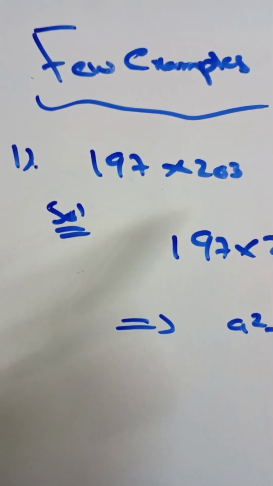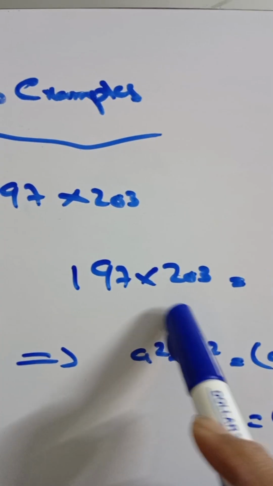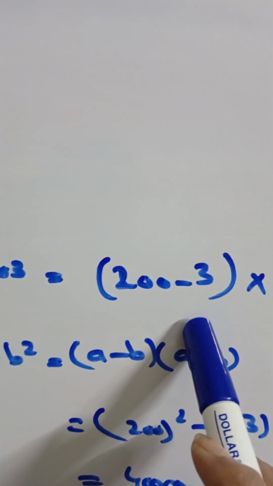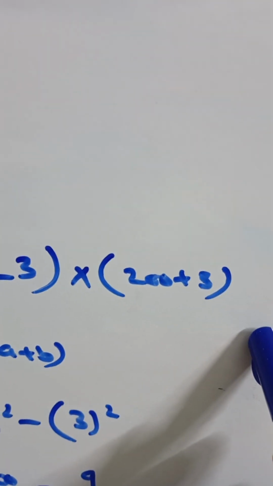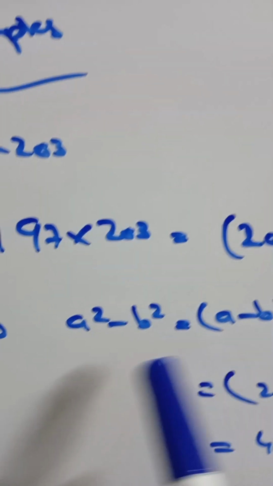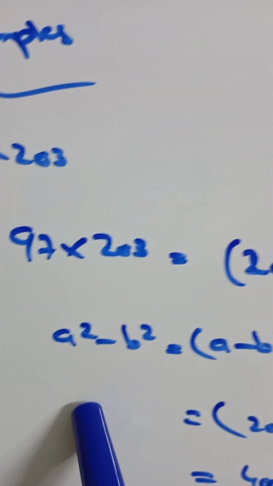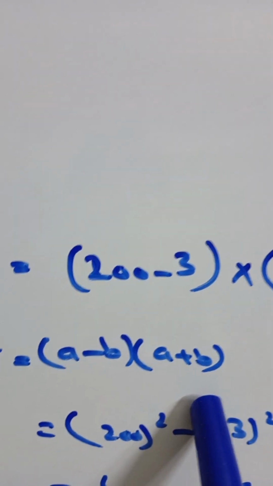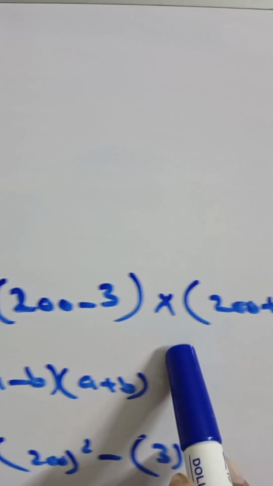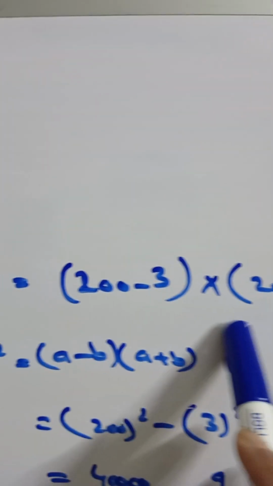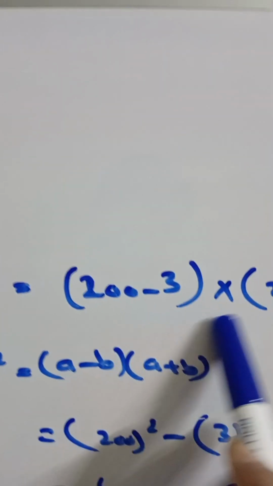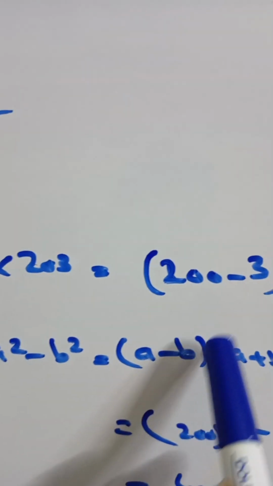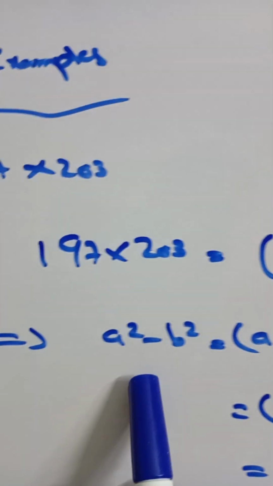197 multiplied by 203. As you can see, we can say that (200 minus 3) into (200 plus 3). You got it? Now we have the formula here: a square minus b square equals (a minus b) into (a plus b). We will convert this form into the left hand side.